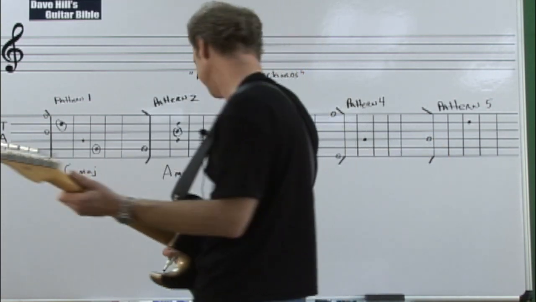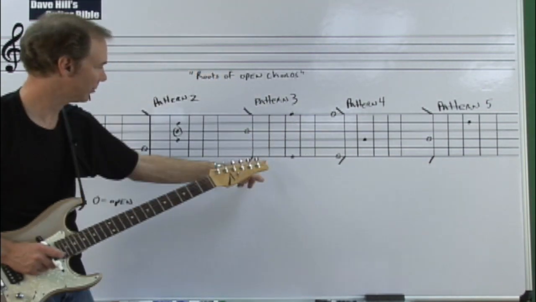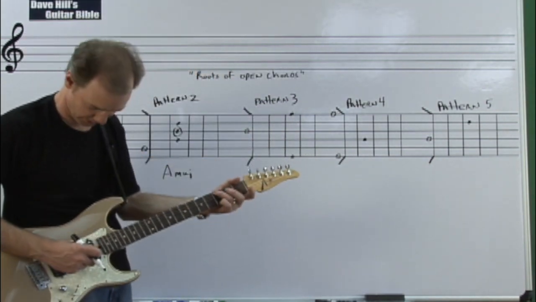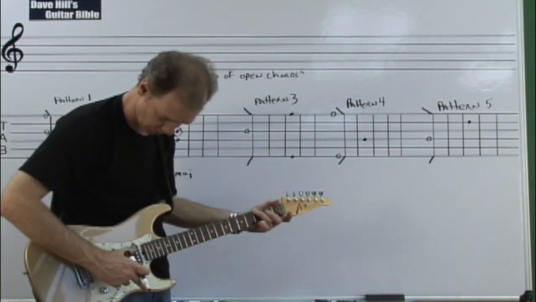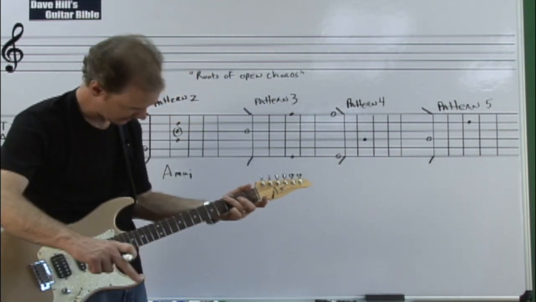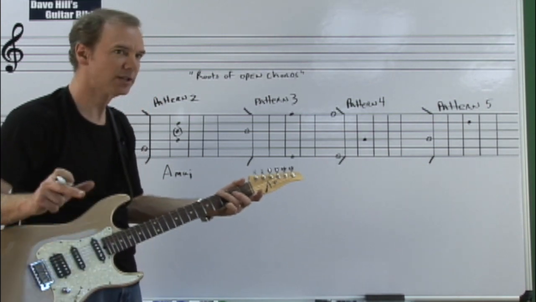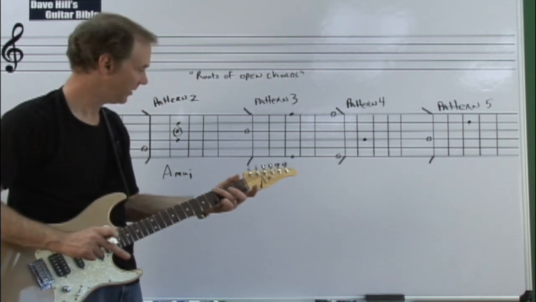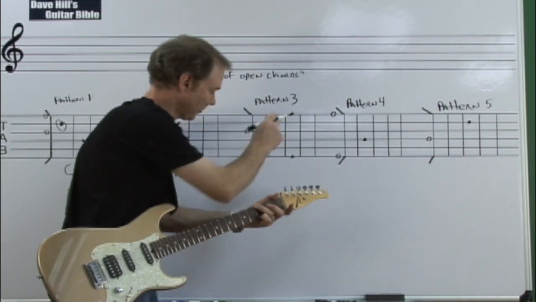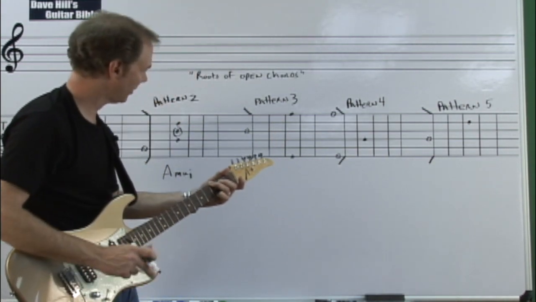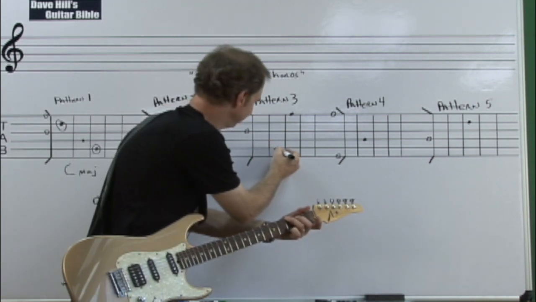Moving on here, we have the pattern 3 shape, and we knew the roots were here. Now check it out. There's a lot of extra notes. We just can't go like this. I mean, it's pretty close to being a G chord. There's a lot of open strings that are available in this position that relate to the G, right? But they're not quite all there, so let's fill out the rest of them.